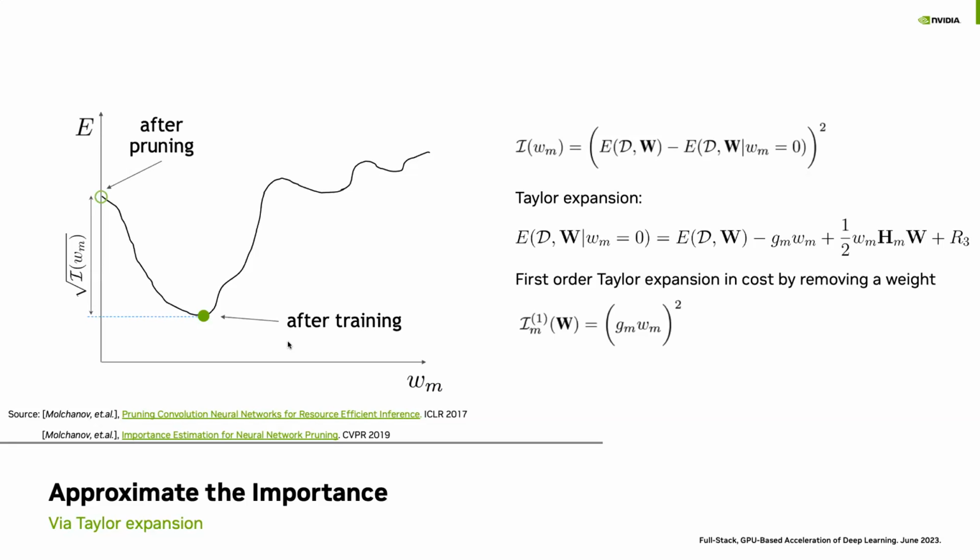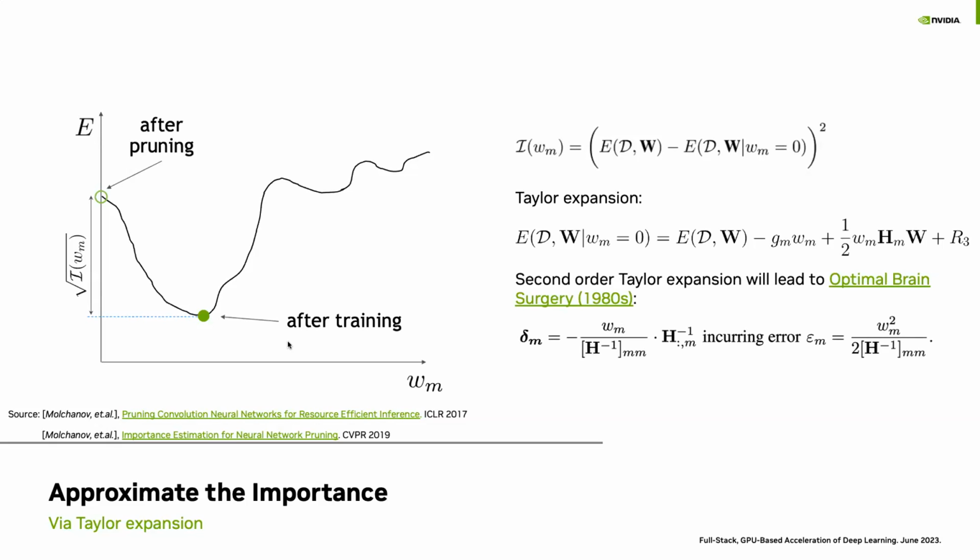So the importance can be estimated in the vicinity of the weights by the Taylor expansion. If we take the first order Taylor expansion, the importance can be calculated from the model weights and the gradients, which can be easily obtained during the training or fine-tuning process.